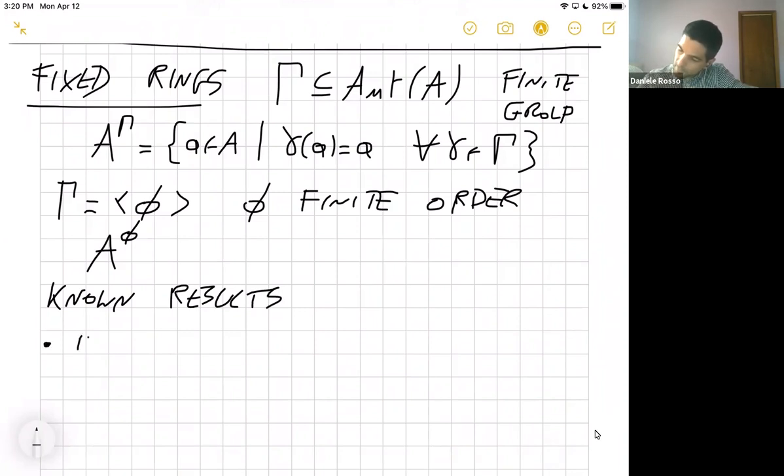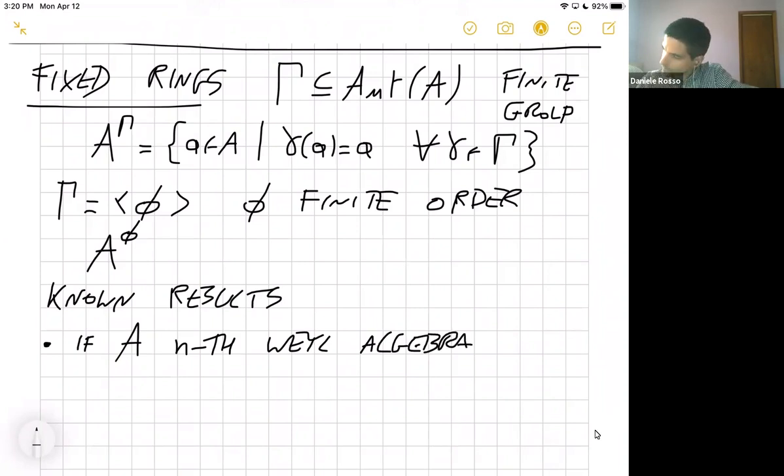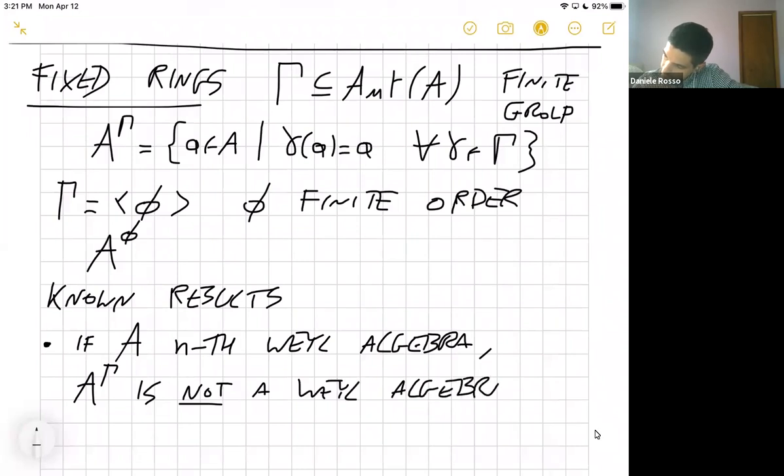If A is the nth Weyl algebra, then A upper gamma is not a Weyl algebra. There are results here by Smith. I think Smith did the rank 1 case, and then Oller and Polo did the more general case.